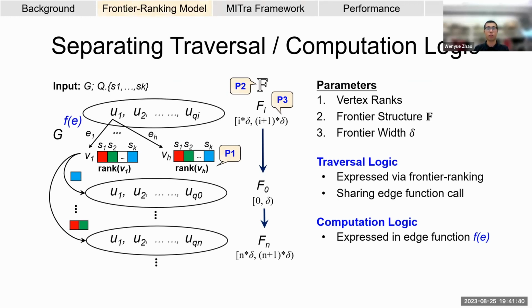In each round, we traverse vertices in the current active frontier Fi and assign vertices to future frontiers according to their frontier rank value. Traversals are aligned and shared across multiple instances. When traversing edge E, edge function Fe is invoked, sharing computation across instances. Query-specific computation logic is expressed in edge function Fe.